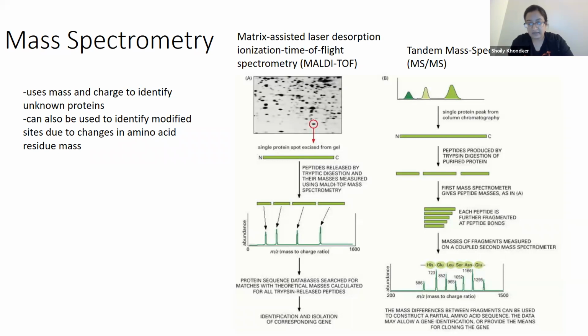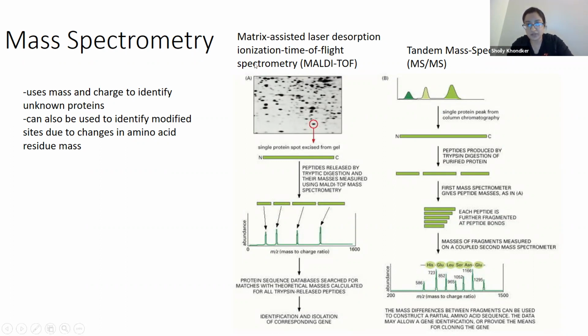Okay, so I'm going to go into mass spec, which is a way of identifying unknown proteins, as well as a way of determining amino acid sequence and to identify post-translational modifications. One method of mass spectrometry is called MALDI-TOF, and here proteins are isolated usually from some form of electrophoresis.